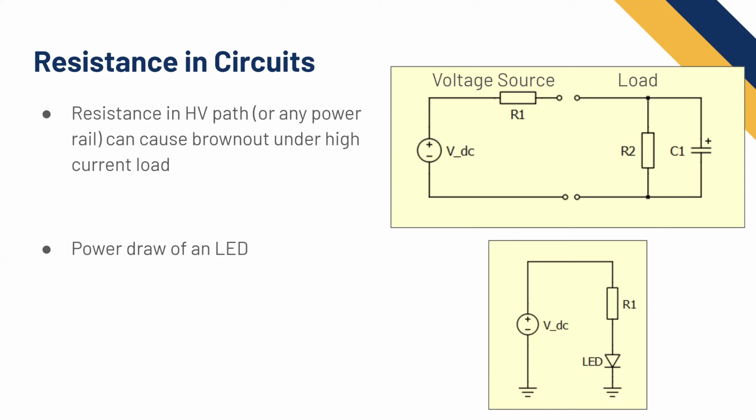So what I was getting at is if we use the current times the voltage, we can actually use 5 volts, because we're dropping 5 volts across this whole thing. And then we know the current, which goes through all components. And so we have 5 volts times 4 milliamps, which is going to be 20 milliwatts.